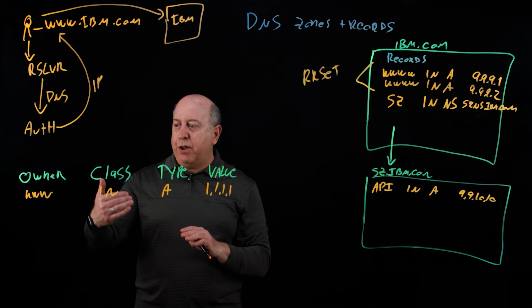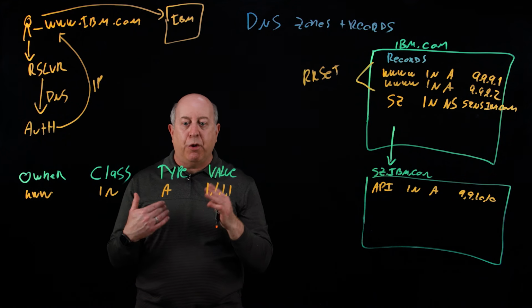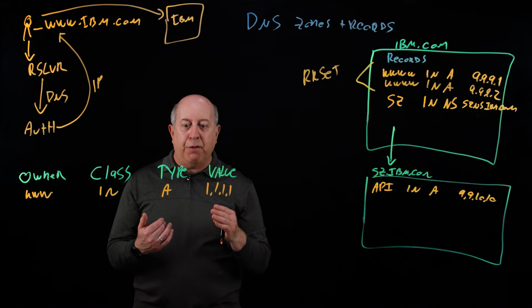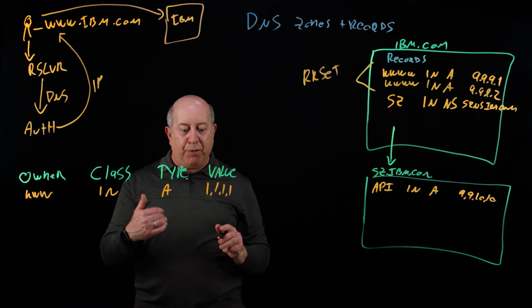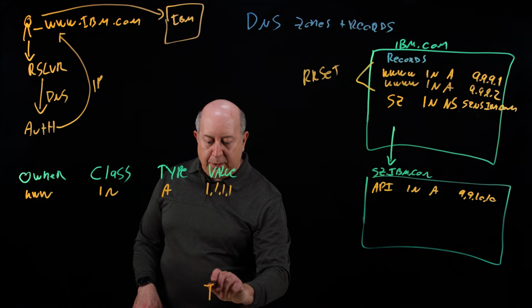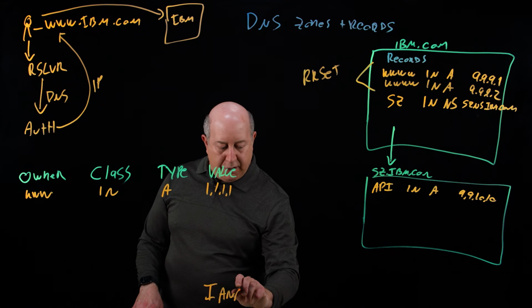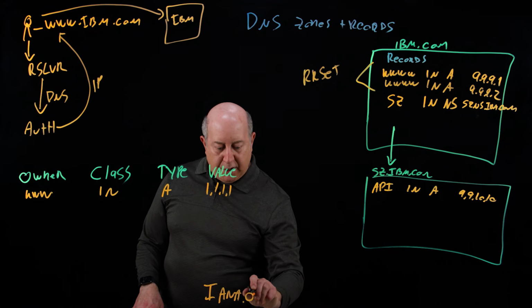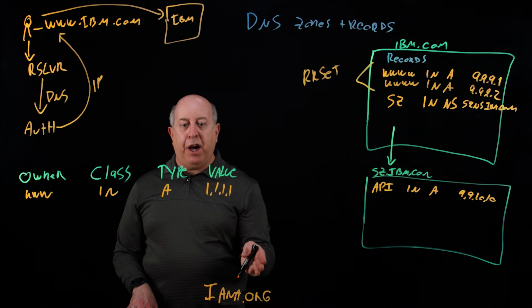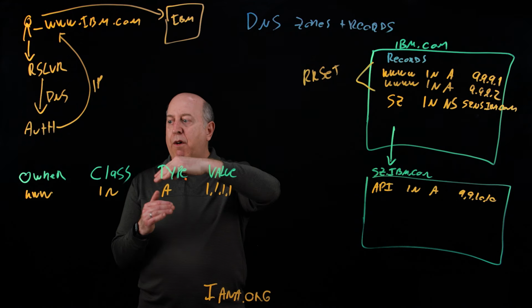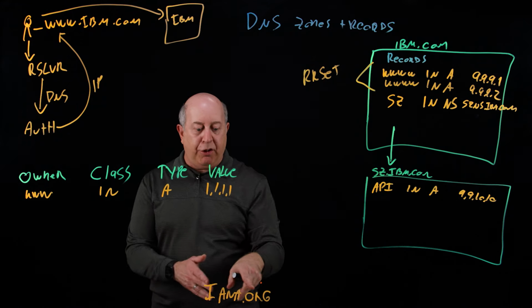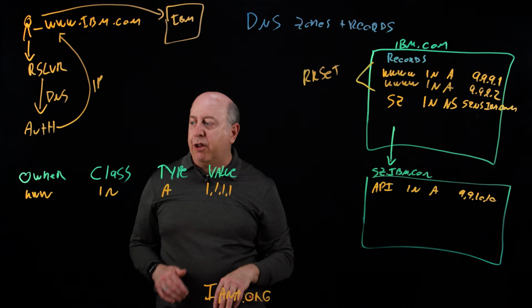Let's go through a few different types just to give you a feel for what are the types out there. I'm not going to cover them all, but before I get started, I want to refer you to a website, IANA.org. That's the official body that maintains the list of all the different record types, and you can go there and see the full list of what's available.